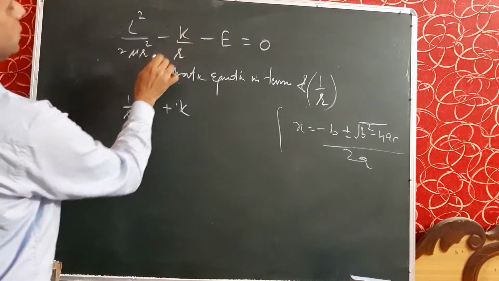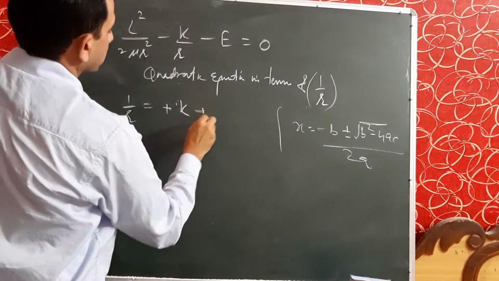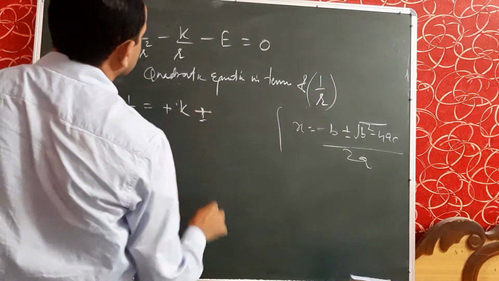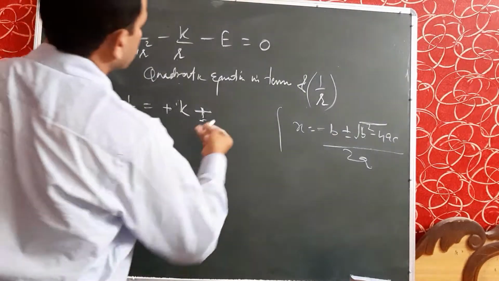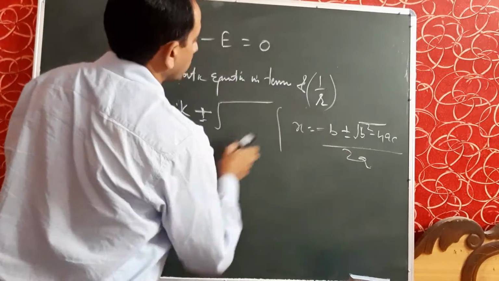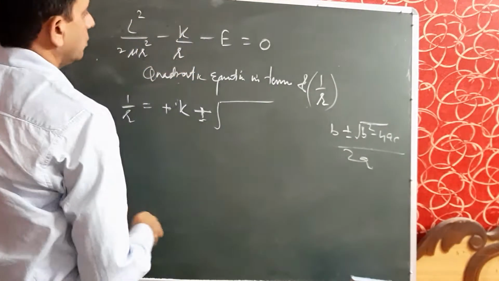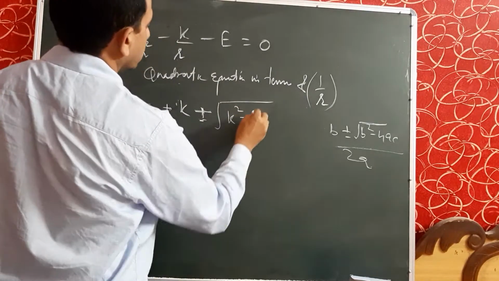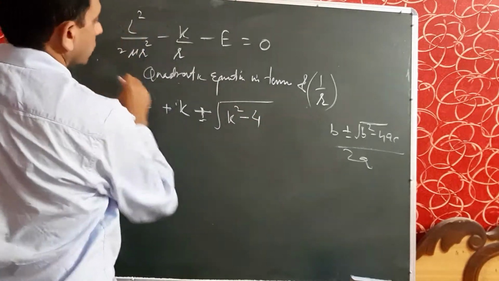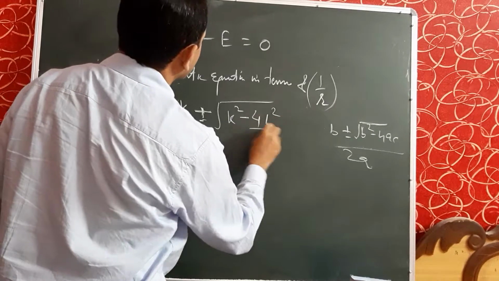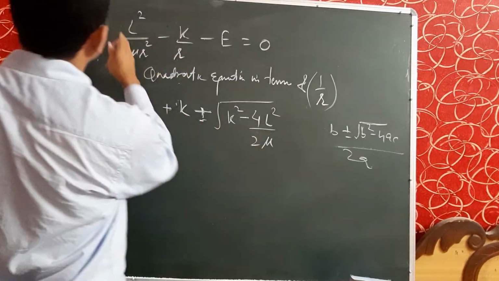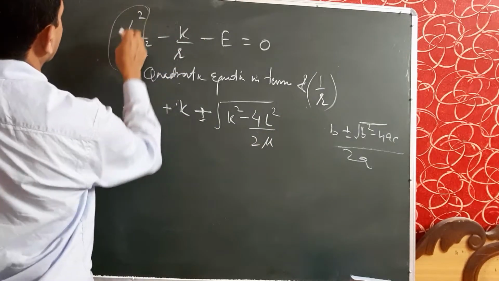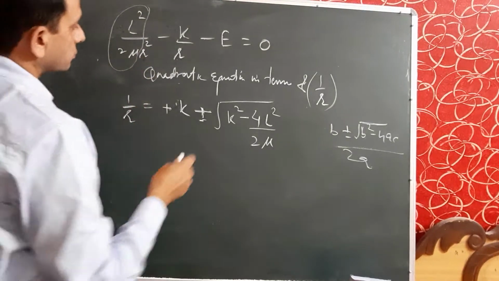So, 1 by r equals minus b, plus minus under root b square minus 4ac. b square means minus k square, that is k square, minus 4a. What is a? a is L square by 2 mu, because 1 by r square is the variable.